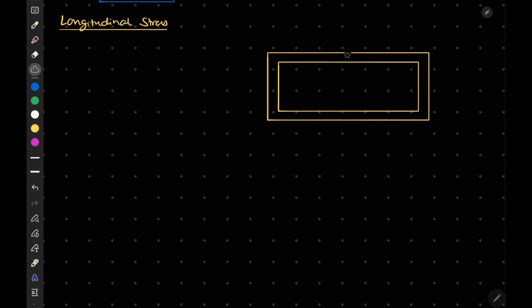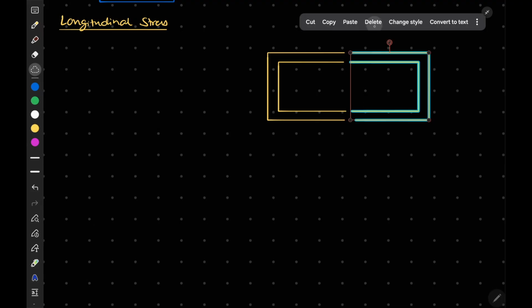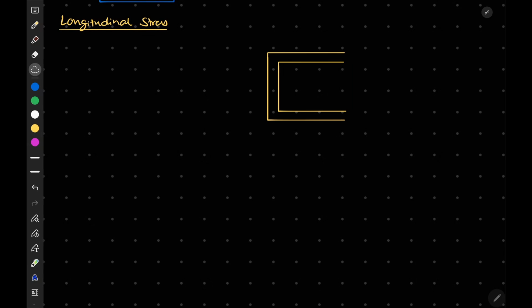Your sigma L stress is acting at both these free ends, and the pressure will be acting in this direction.